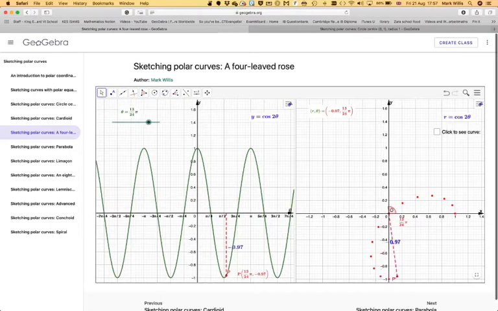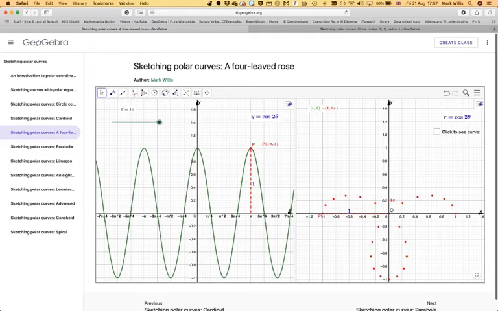Here, still negative, so r is going the negative way to the angle. Then it's going to become positive again, so we go out here, and it's still positive. We're only doing it until π.